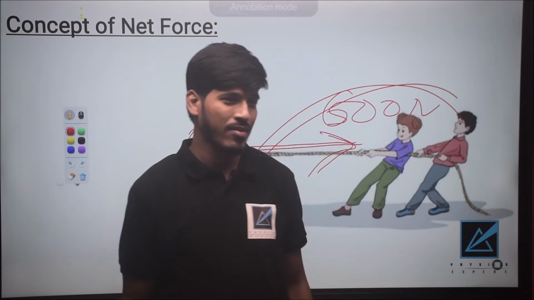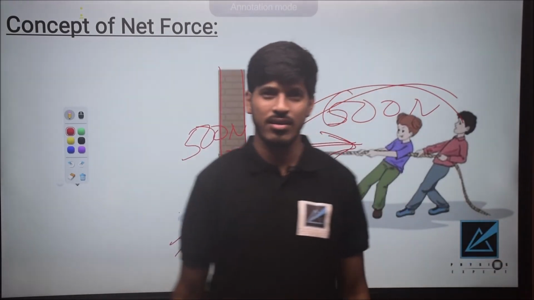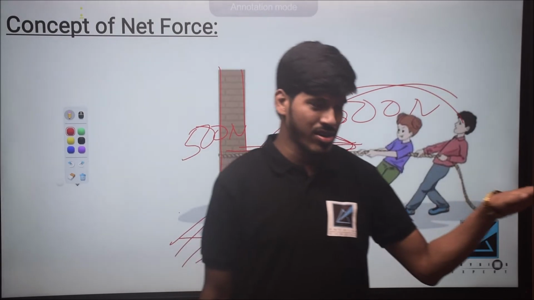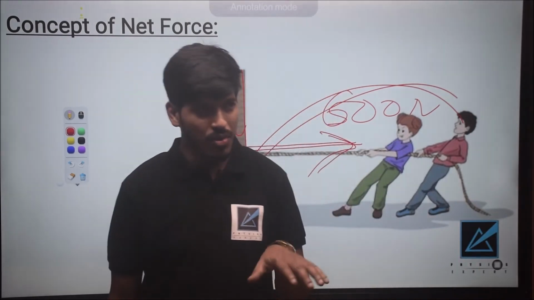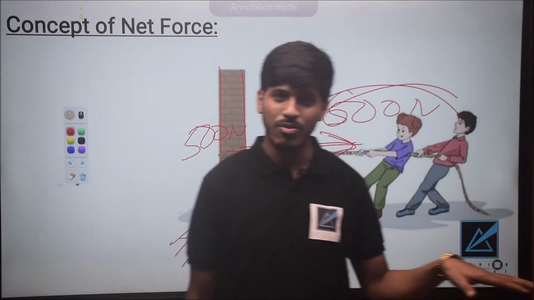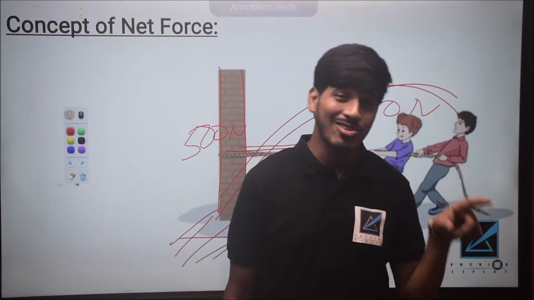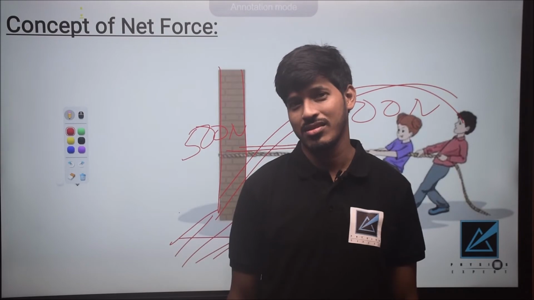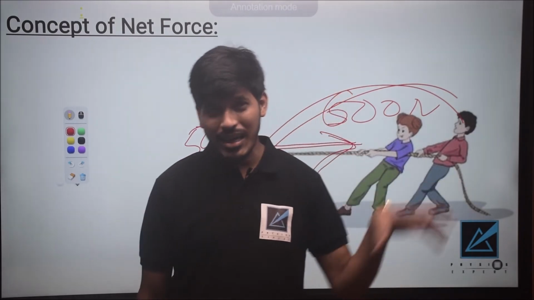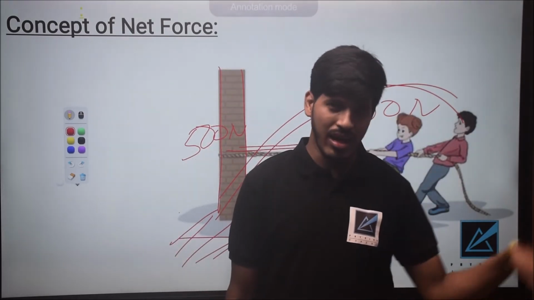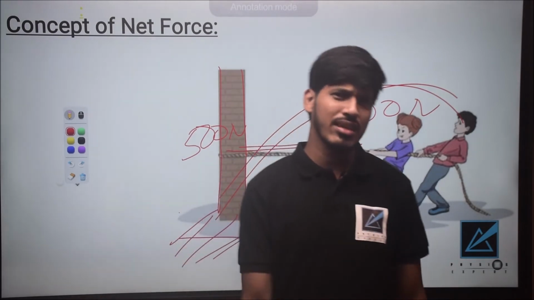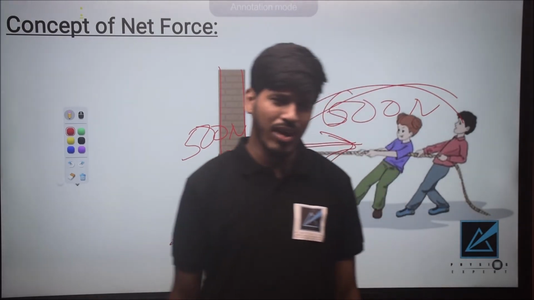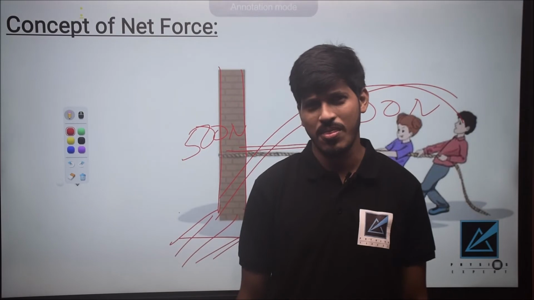You see, whenever a boat is floating on river water, whether the boat will move or not, what will be its speed, it also depends upon the net force. The boat is exerting force, the water current is also there, and the water current exerts a force.